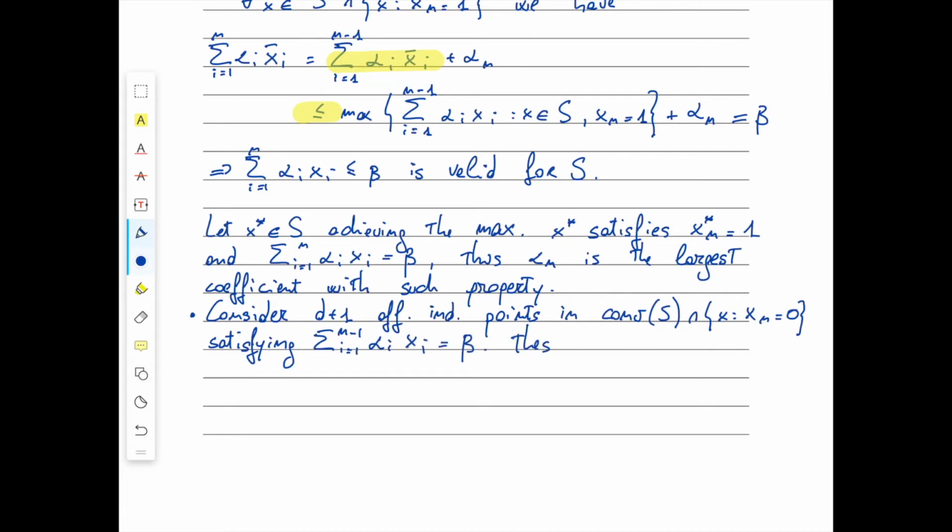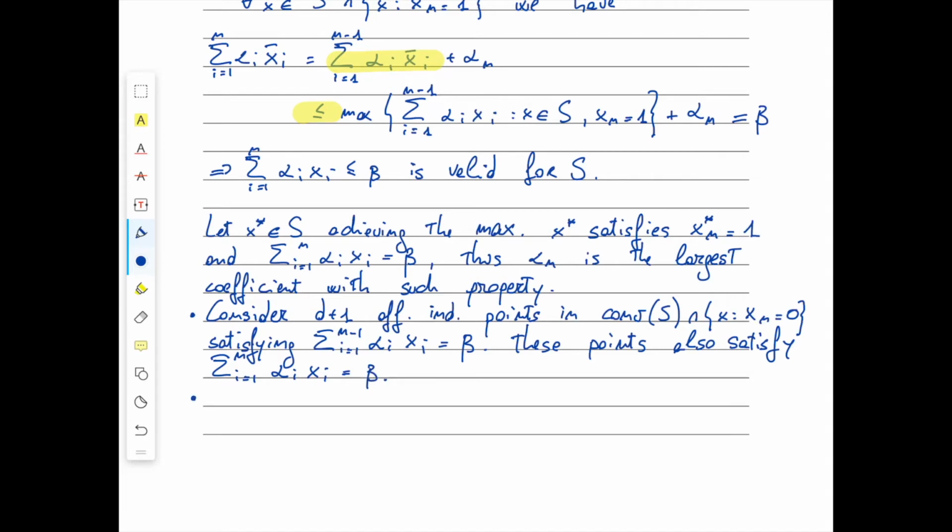These points also satisfy the lifted inequality, the sum for i equal 1 until n of alpha i xi equal to beta.